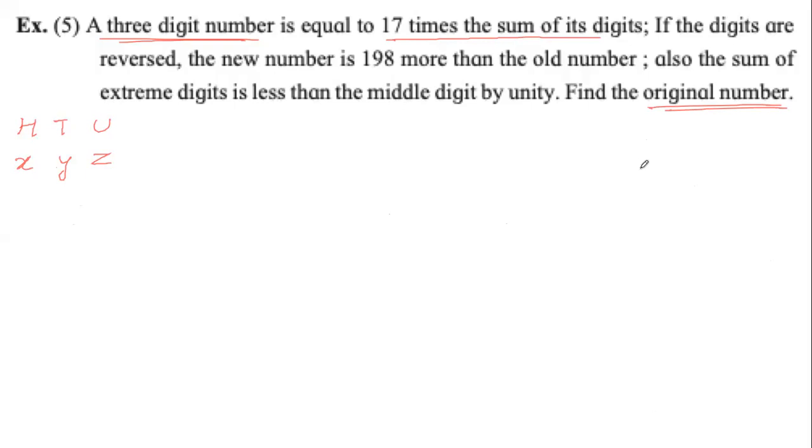If we take a 3-digit number which has X in hundreds place, Y at tens place, and Z at units place, how do we convert the first sentence of the question, which says a 3-digit number is equal to 17 times the sum of its digits? Khadija, clearly your answer is incomplete, no?